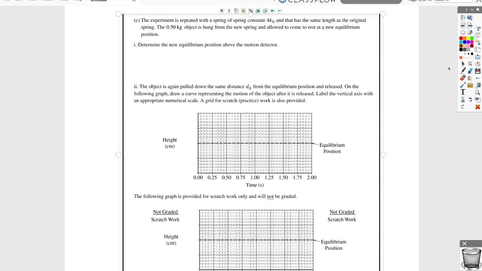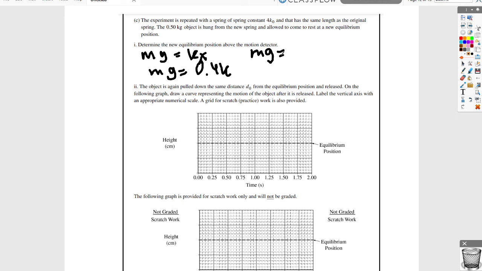So mg is equal to kx, right? So mg is equal to 0.4k, but mg is also equal to, now we have 4k times x, or x new.